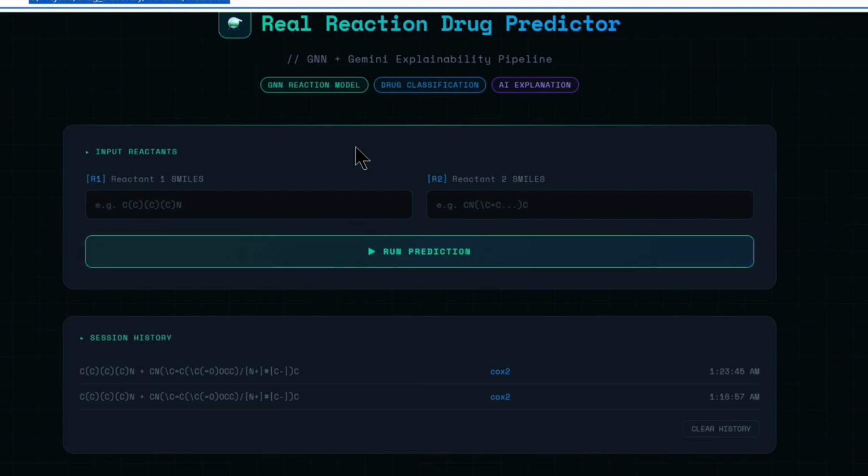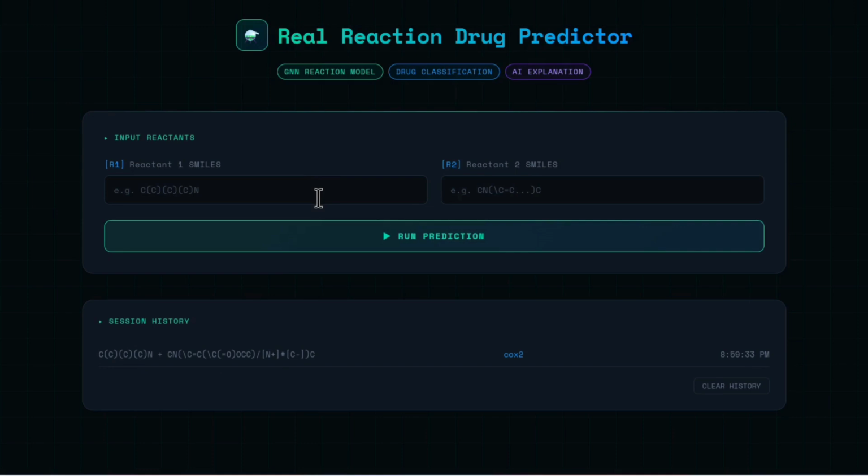Let us test with an example. Now let me enter reactant 1 and reactant 2. Let us click the run prediction button now to see the results.